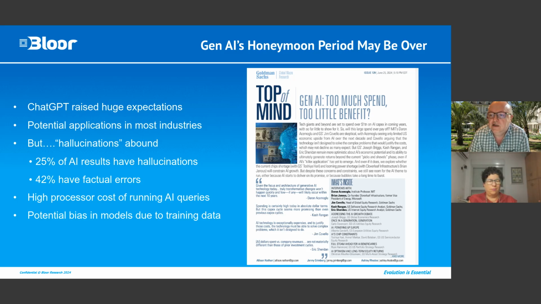A few little clouds have started to appear on the horizon. In particular, it's an issue of hallucination, and this is a term that's slightly controversial, but it's quite commonly used.